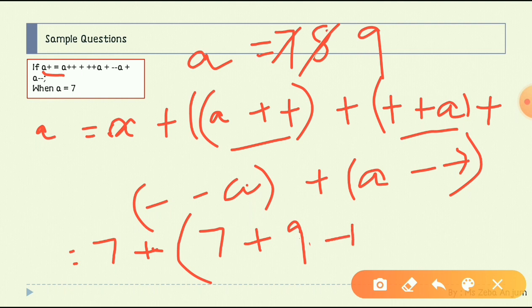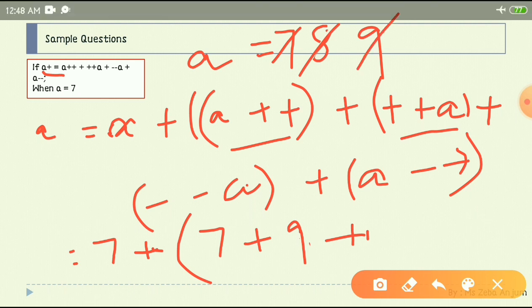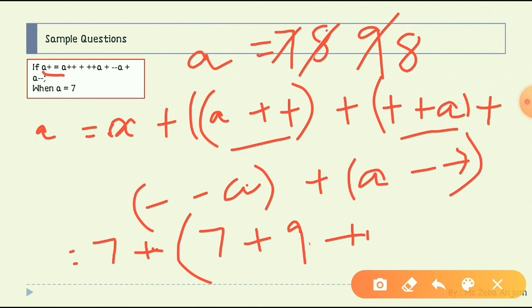Now again plus sign, minus minus a, firstly decrement your value, then afterwards use the value. 9 we have, so we are decrementing and using 8 over here, and 8 should be written like this. Again plus operator, a minus minus we have, means firstly you have to use the value, then afterwards decrease the value. So we are using the value as 8, and then afterwards we are decreasing the value.